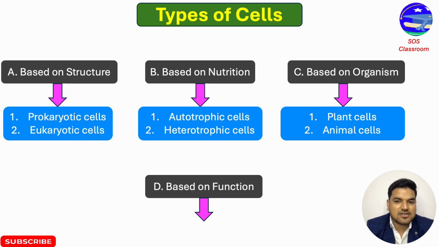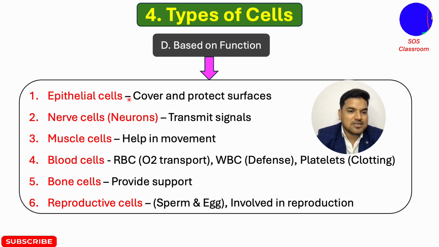And based on function, there are different types of cells inside the body, like epithelial cells, which cover and protect the surfaces of the body. Nerve cells like neurons transmit signals like neurotransmitters. Muscle cells help in movement inside the body. Blood cells like RBC, WBC and platelets. RBCs help in oxygen transport.